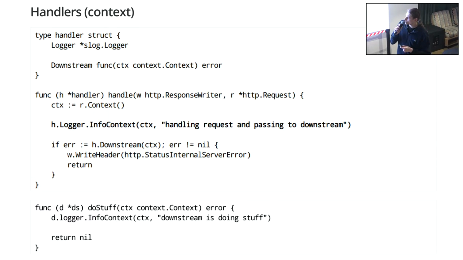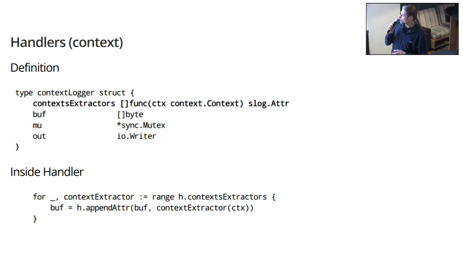Also, we go to the downstream. Downstream simply does stuff, you see below. It also just logs. And we have a handler which takes context extractors. It's a function that takes context and gives us slog attributes.